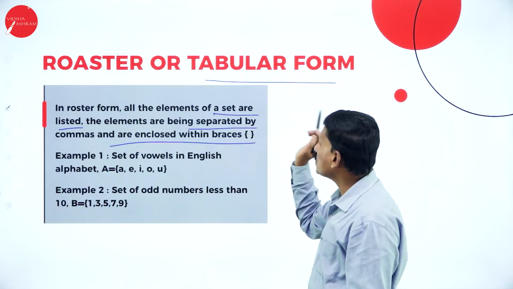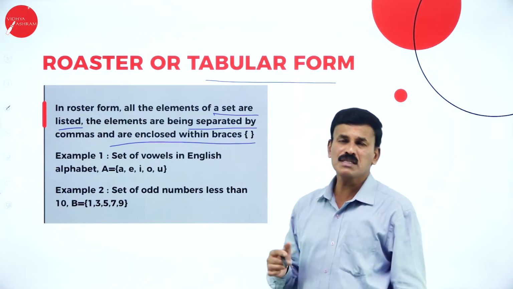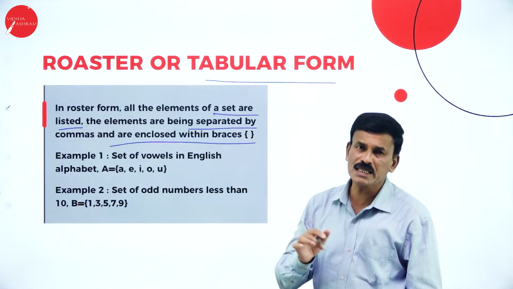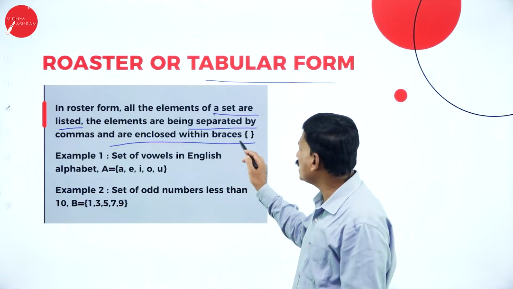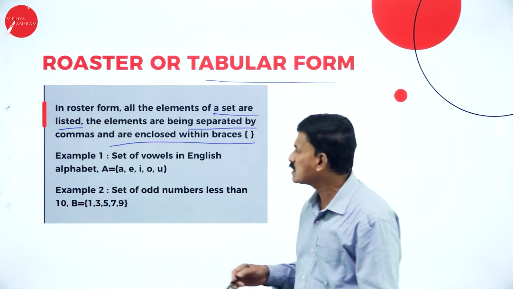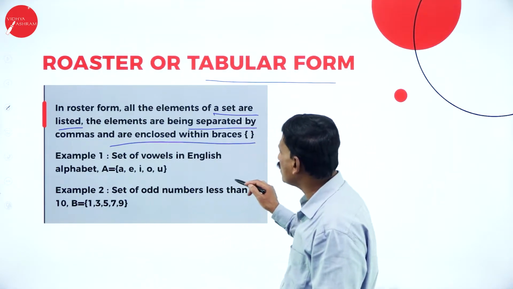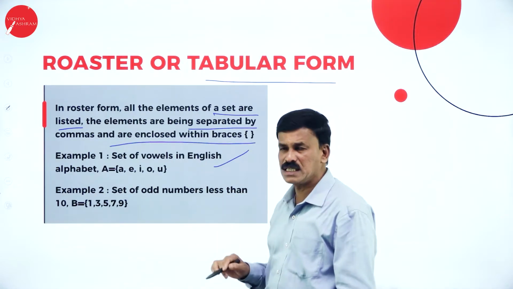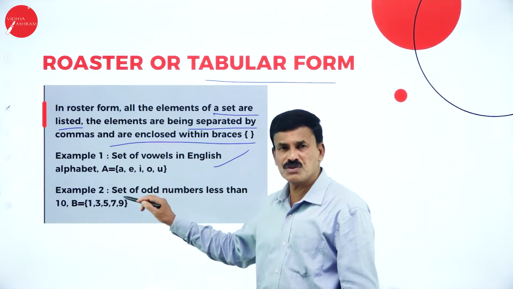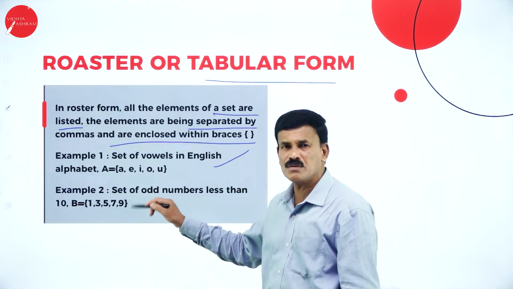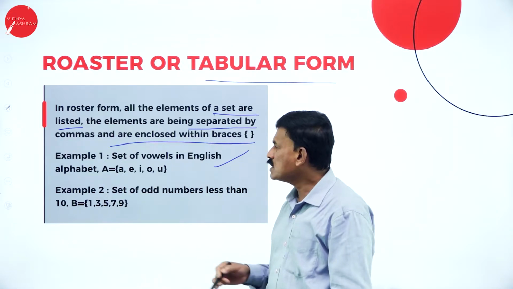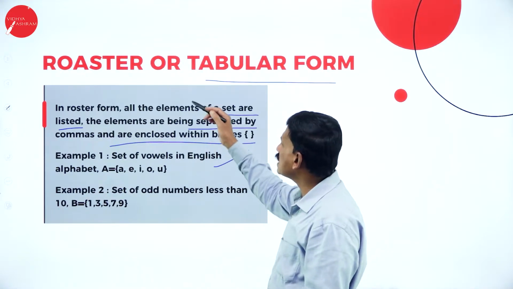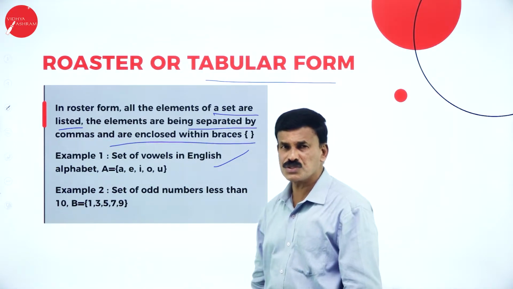So, in roster form, the elements of the set are listed, each and every element is separated by commas, and they are enclosed between the 2 flower brackets. Let us consider, for example, the set of all vowels in English. As you know, the set of all vowels is {A, E, I, O, U}, which is an example of a set in roster form.